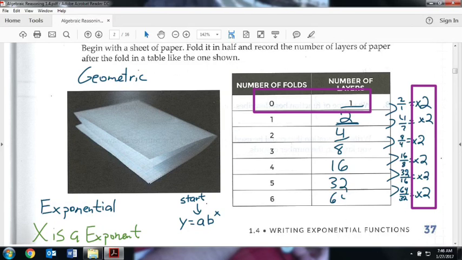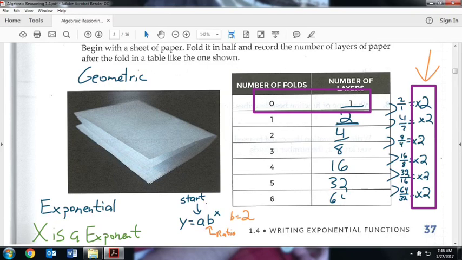B is your ratio. Your ratio is whatever you are multiplying by, or dividing by. So your ratio for this one, your b value, equals 2.